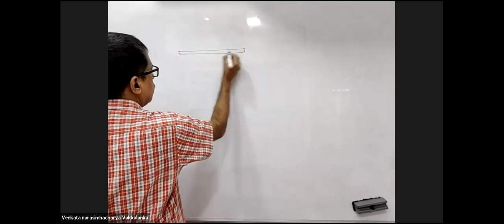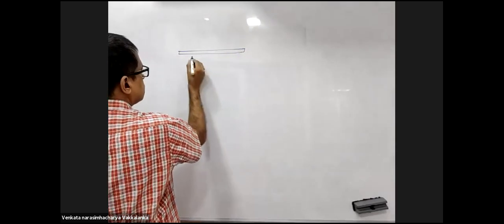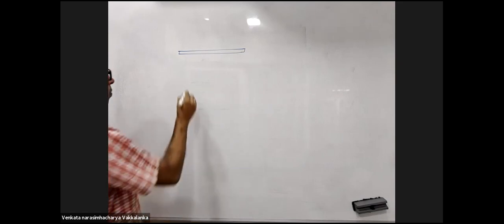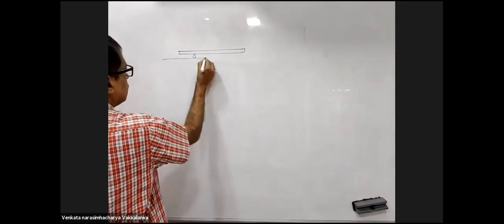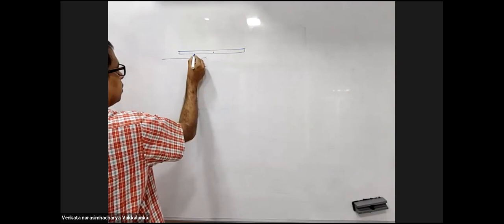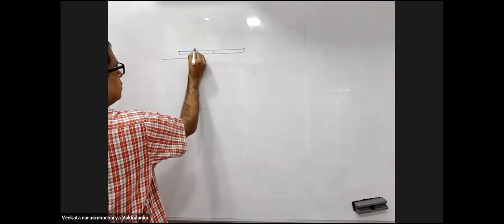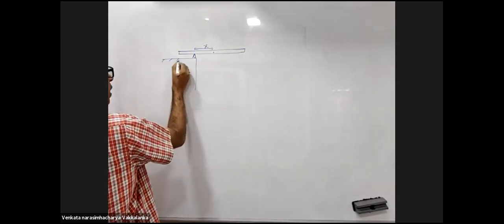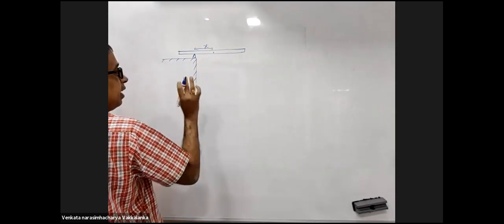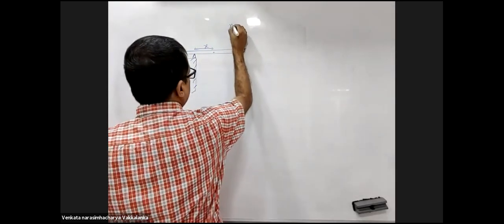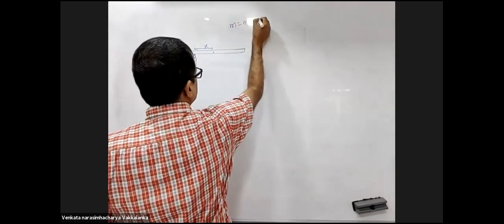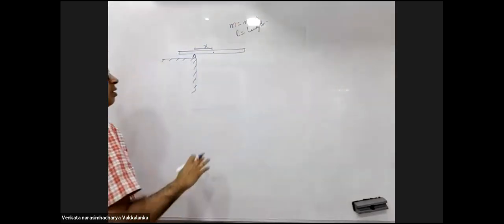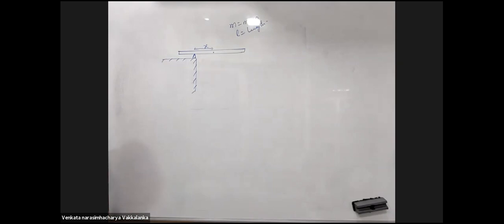This is a thin rod released from this peg. This distance is x. It is kept on a peg on a table and released from here. M is the mass of the rod, L is the length of the rod. It is released from the horizontal position.